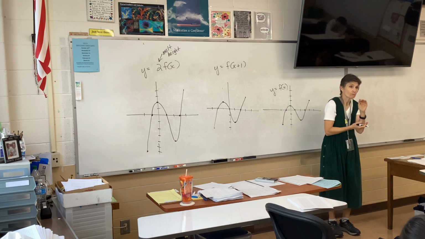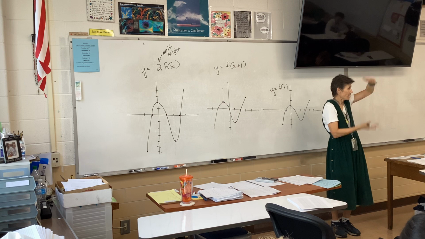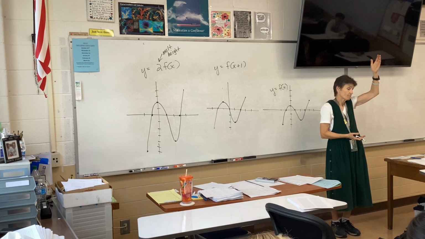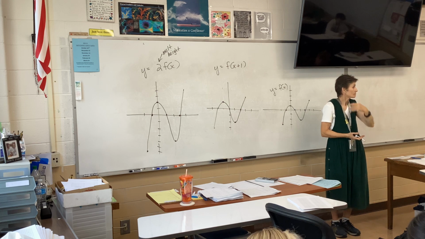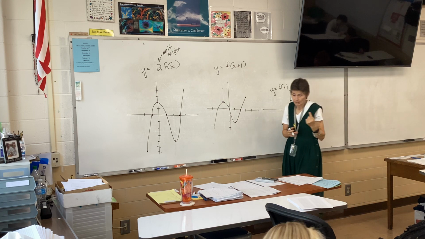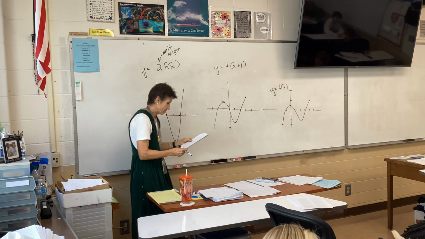So in this case, it was a 2, so it doubled the up and down, the vertical. Gotta remember that, okay? Gotta remember that a number out in front does that.